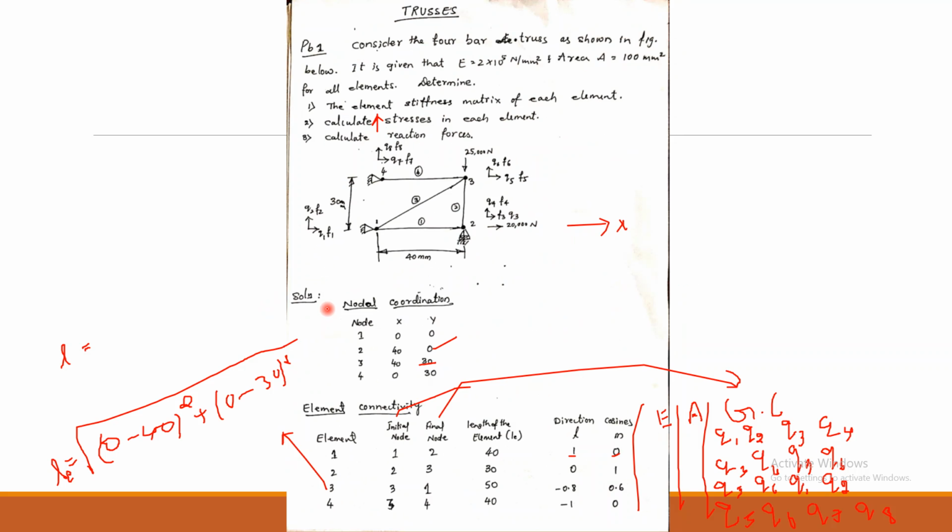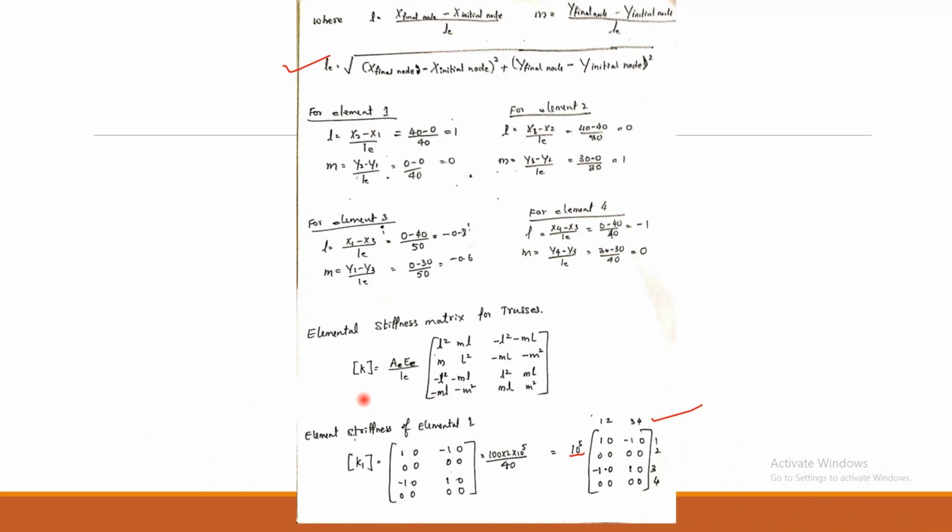Okay, and the first element, let's pick sigma 1 is equal to 2 into 10 raised to 5 divided by the length of the element, which is 40, and write down L, M values from the table of element 1. From this table, what is the value of L, what is the value of M for element 1. That one you have to write down here.